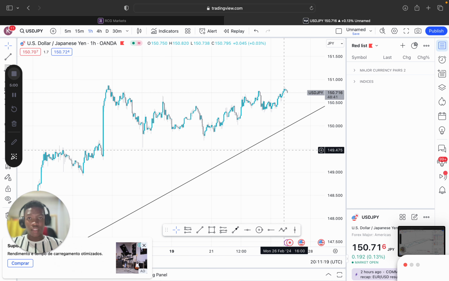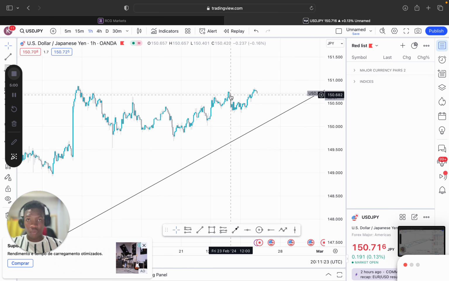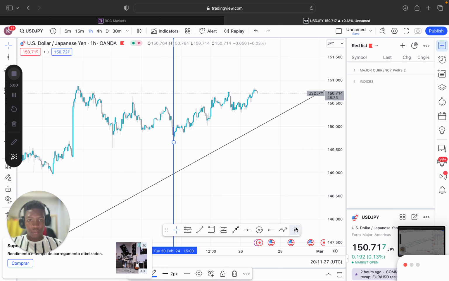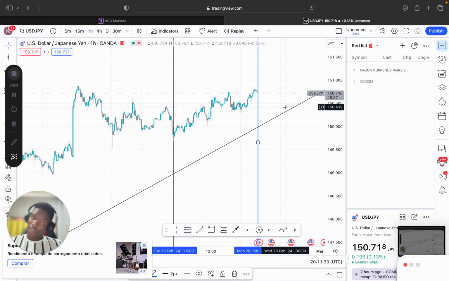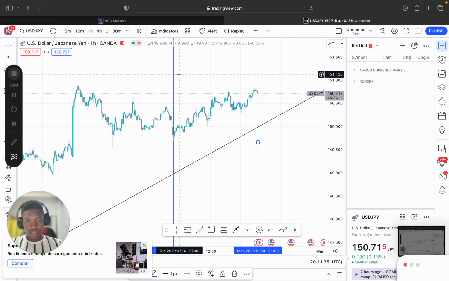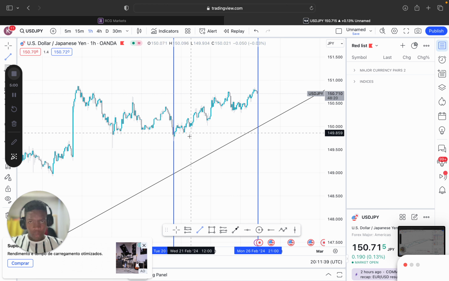But in the most recent market moves, from here until the current price, we can see the market is sort of going into an uptrend, so we can still connect our trend line right there.